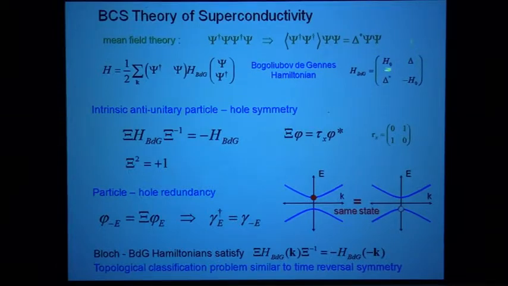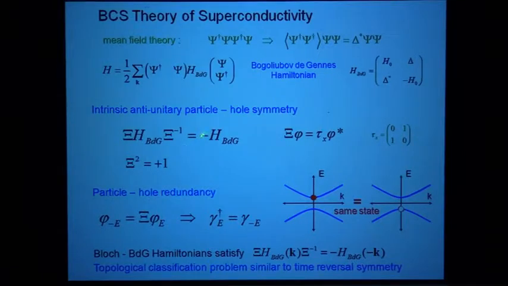By making this artificial doubling, I have introduced an intrinsic symmetry that this Hamiltonian has to obey: an intrinsic particle-hole symmetry. Remember when I talked about the Su-Schrieffer-Heeger model, I said there was some artificial symmetry that it has that guarantees that the conduction band is a mirror image of the valence band. This now is a real intrinsic symmetry, and in fact, it's a symmetry that kind of looks like time reversal symmetry.